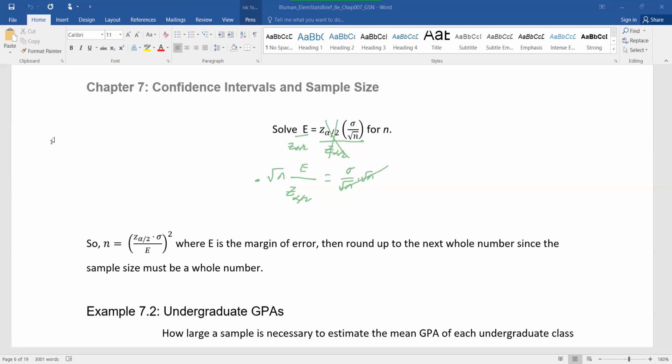What's that called? So I'm dividing by the E and I'm multiplying by the z. What is that guy called? Yes. So you can multiply by its reciprocal. And now I have something that looks like this.